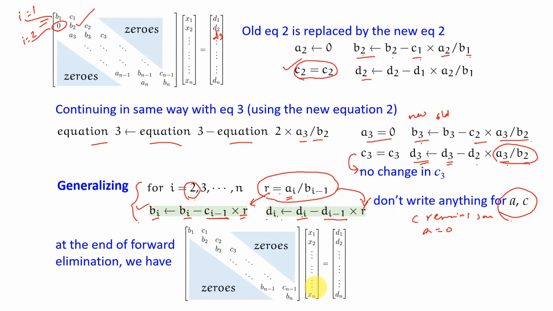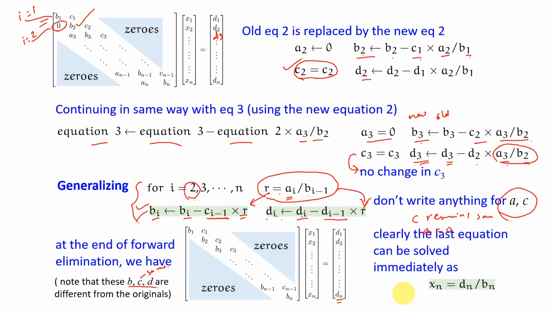After the forward elimination, this Bn has changed with this Bi minus Ci minus 1 multiplied by R. Also the Dn has changed. So B and D are different, but C remains just the same.